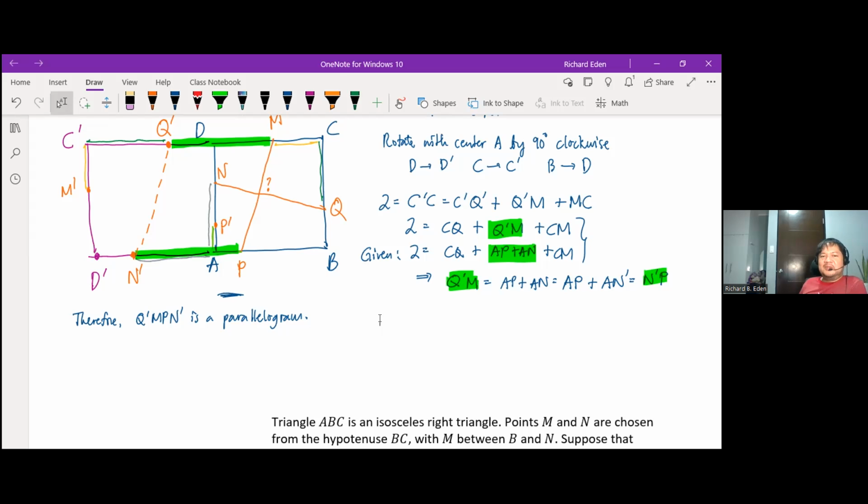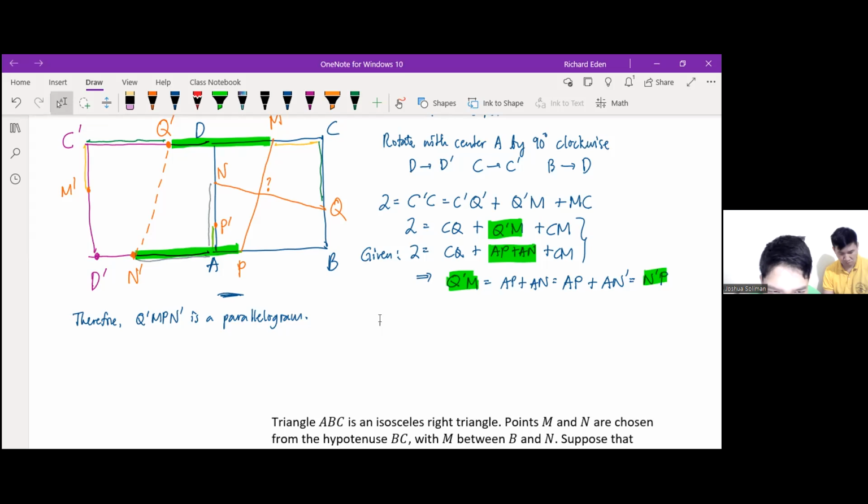Pero kasi, ba't pa natin, how about you're looking at rotating MP. How about from the figure? Why don't you imagine the rotation of NQ instead? Andun na kasi NQ and N prime Q prime. So NQ has been rotated by 90 degrees, and then it turns out to be parallel with MP.